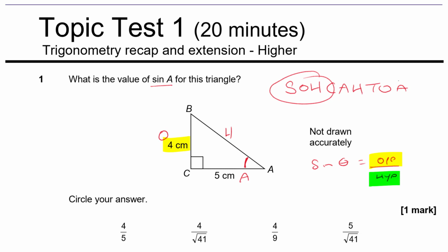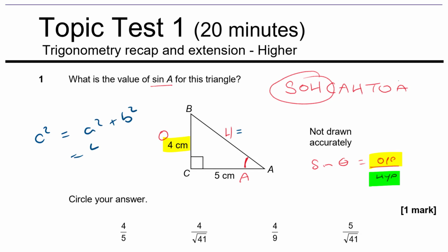which is missing. So we need to work out what that missing side is. We have to do a lot of work for 1 mark here. This side is the longest side of a right angled triangle, and we can find it using Pythagoras' Theorem: c squared equals a squared plus b squared.